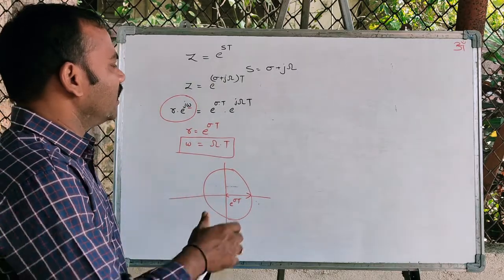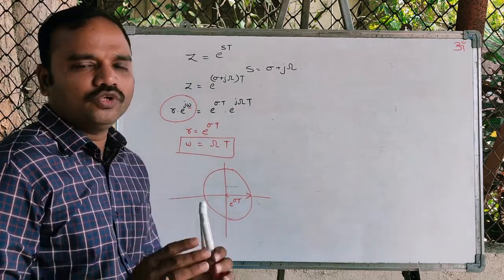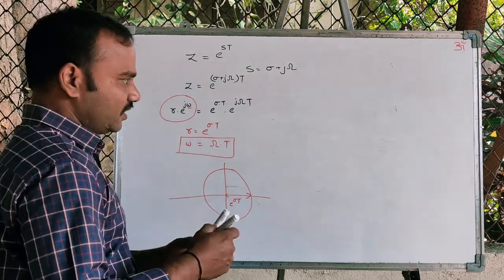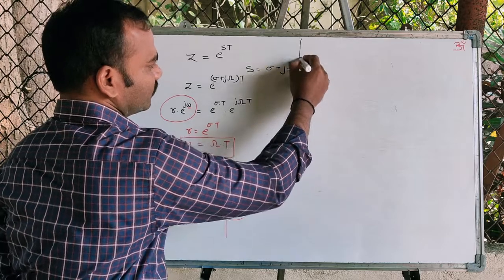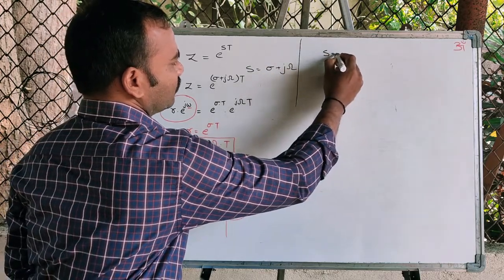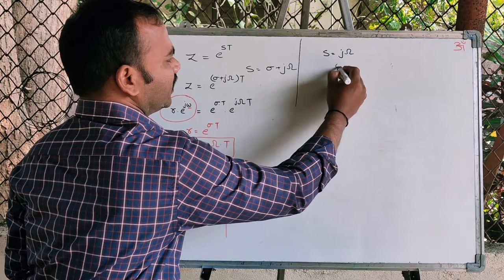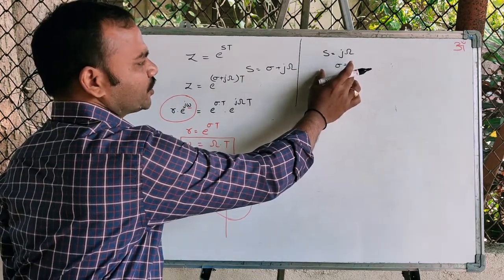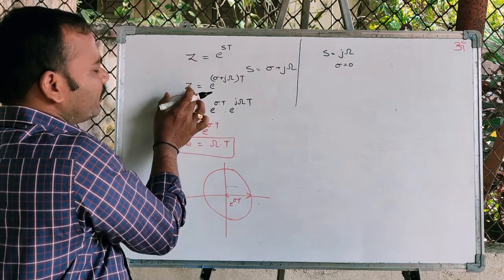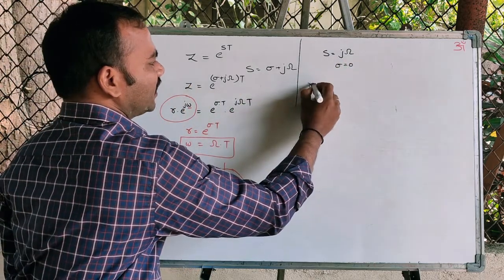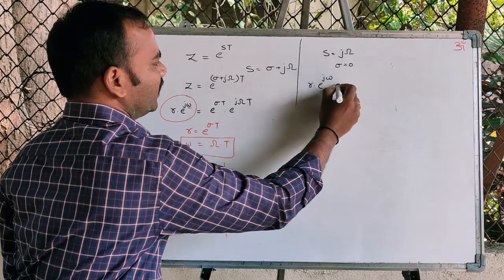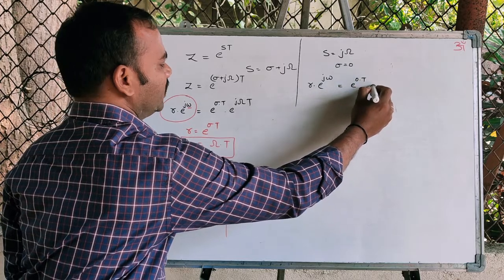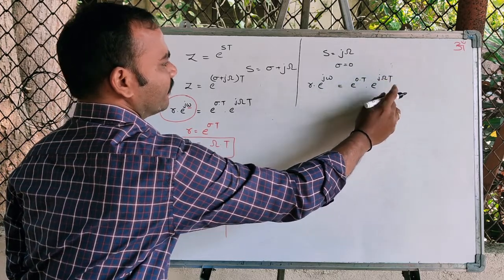Now, in this mapping, we will first substitute s = jΩ axis. So, s = jΩ. Here, the σ value is 0. Now, with this substitution, the polar representation of z is r e^(jω) = e^(0·T) e^(jΩT).